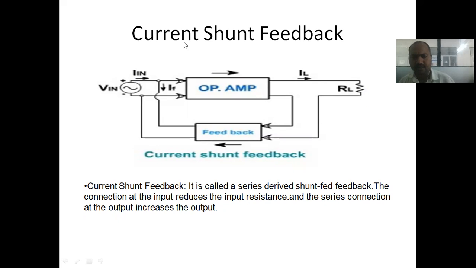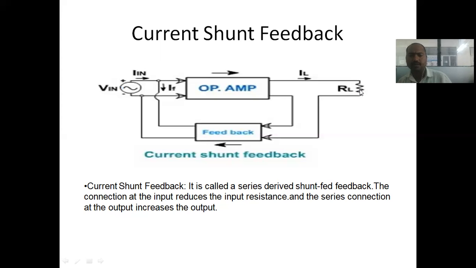See, for any amplifier, one of the important conditions is that it must have high input impedance and low output impedance. That is acceptable. But in this case, when we use the current shunt feedback, input impedance is reduced and output also reduced.